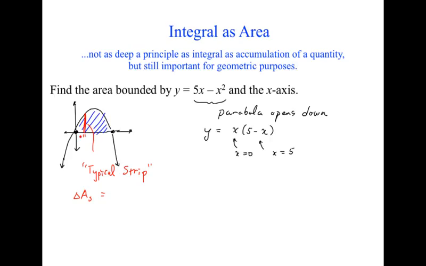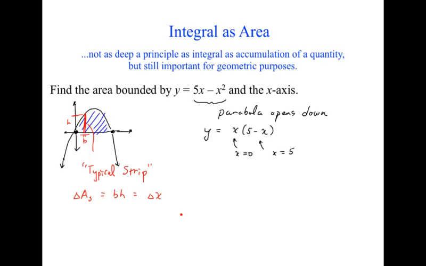That's the base of it, and this is the height of it, from here to here. We're going to do base times height. What is the base width of that thing? Delta x, right? Just a little change in x.